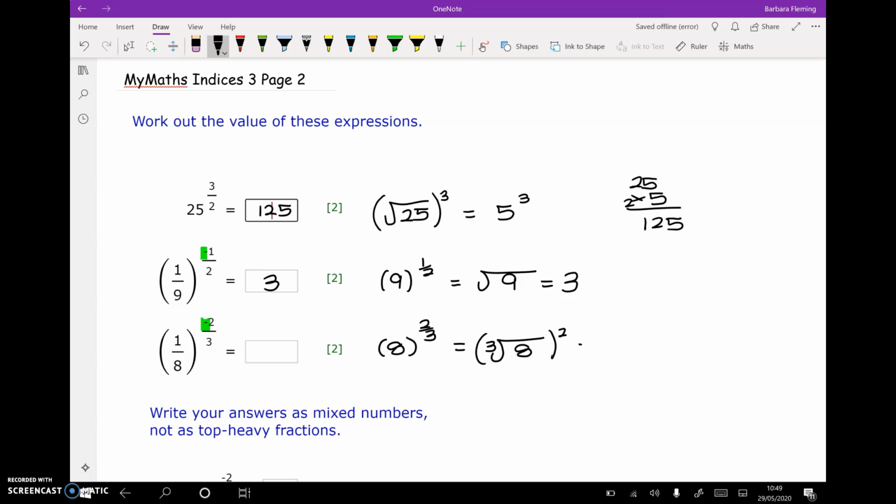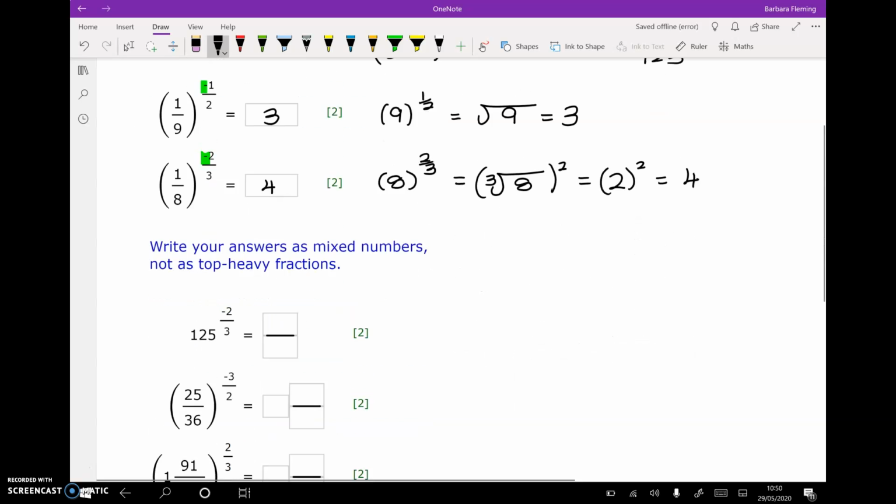So there's your numerator. Now the cube root of 8, this is asking us what do I multiply by itself 3 times to get 8. It always tends to be quite small numbers, these cube roots. Well, if you think about it, 2. 2 times by 2 is 4, times by 2 is 8. So our answer to that is 2, and we've still got our squared there. And then 2 squared is 4. So you have your answer there.